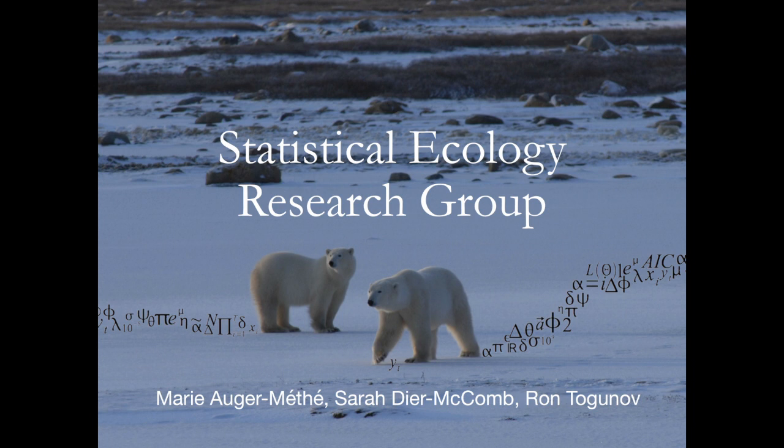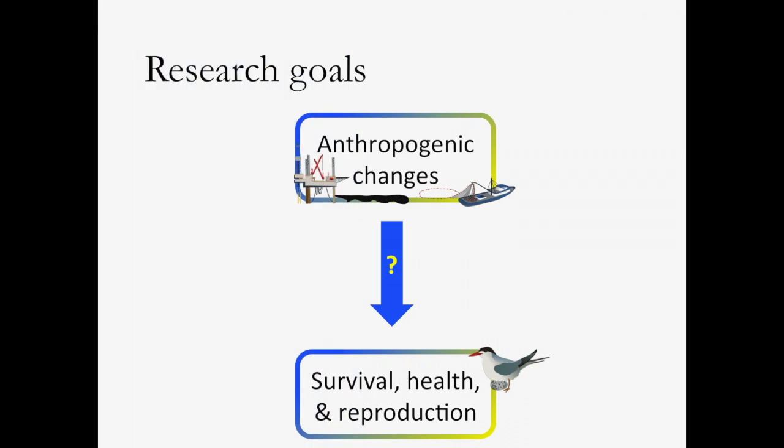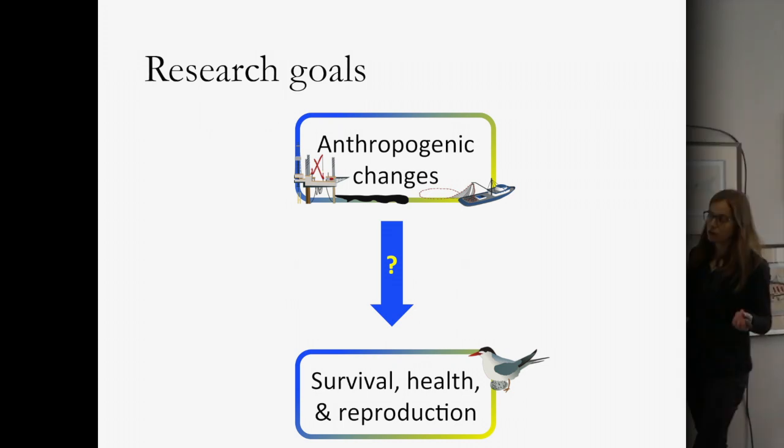We have pretty broad interests, so we're interested in marine and freshwater fish, and seabirds and marine mammals, and similarly we're interested in a range of human pressures going from climate change to fishing, but also things like the effect of dams.